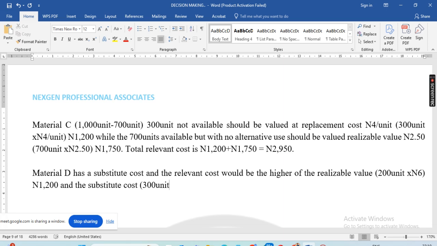Well done. 300 units times the 5 naira. So what will this give? 1.5. Thank you. Therefore, the relevant cost is 1,500.